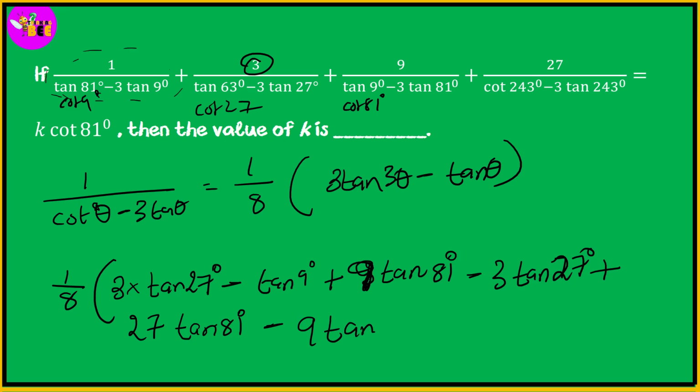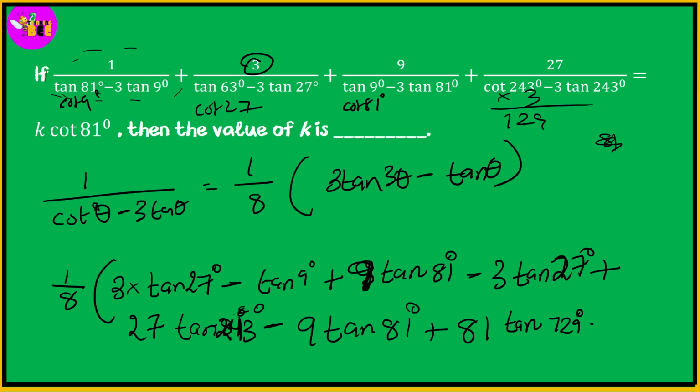So, it will be tan 81 into 3 will get 243 degrees, my bad, 243 degrees minus 9 tan 81 degrees plus 27 into 3, which would be 81 tan of 243 times 3, which would be 729 degrees, tan 729 degrees minus 27 tan 243 degrees.